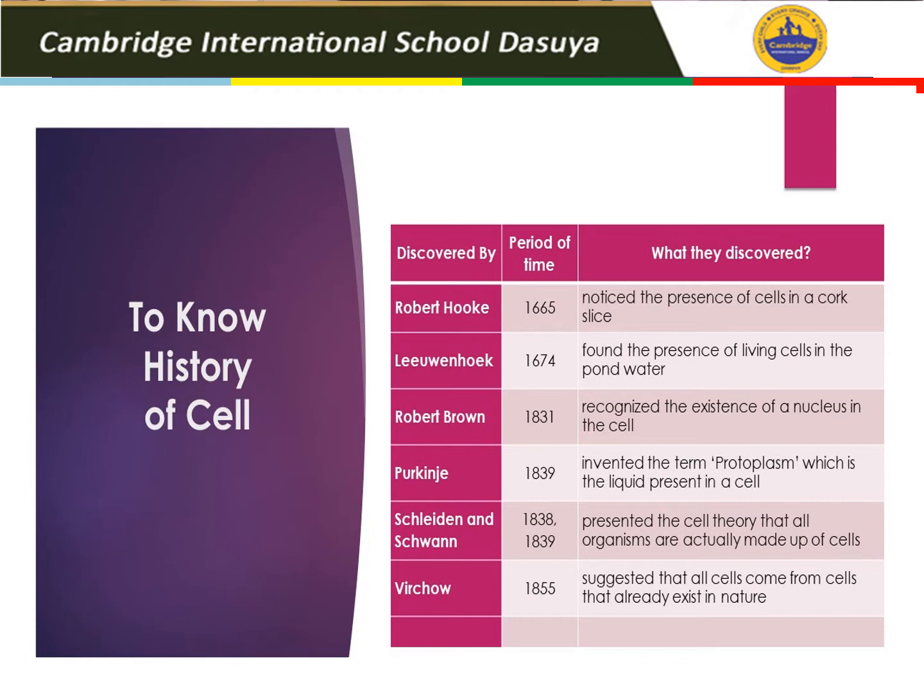Then Purkinje and Mohl named the living substance of the cell protoplasm. Then the scientists Schleiden and Schwann gave certain features of the cell, called cell theory. Then Virchow, in 1855, suggested that all cells come from pre-existing cells, modifying the cell theory given by Schleiden and Schwann. This was all about the history of the cell.